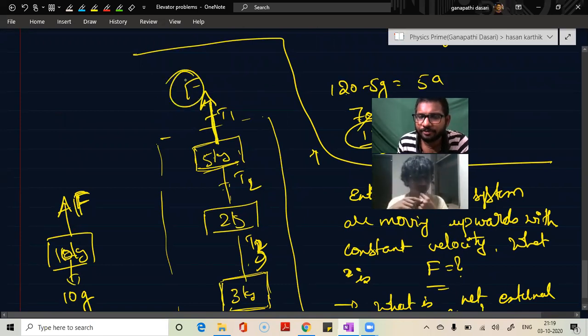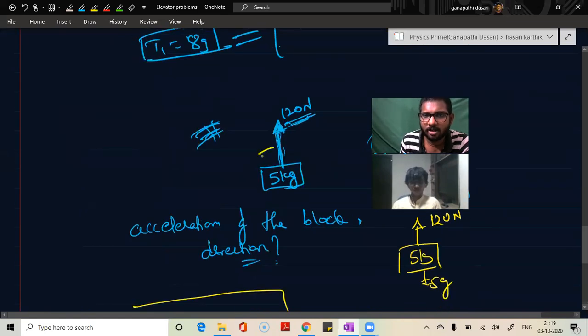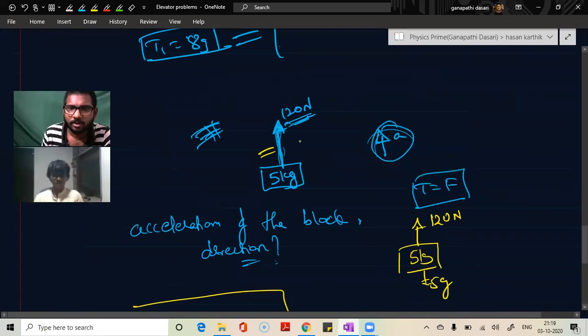I told you this, no? This 120 Newton, if I give, the entire string got 120 Newtons. In the previous case, you saw, if I am pulling it with 120 Newton force, this entire string got 120 Newtons tension.